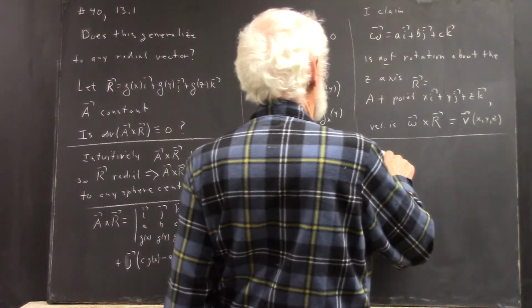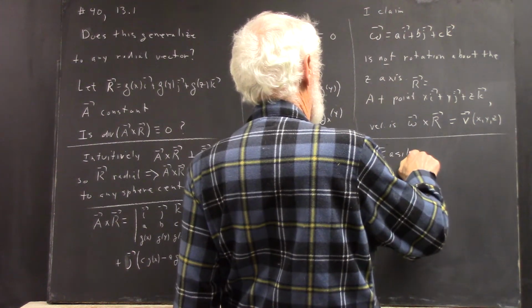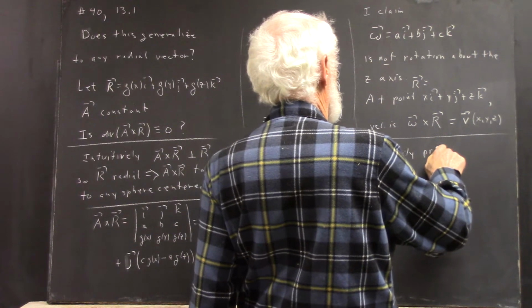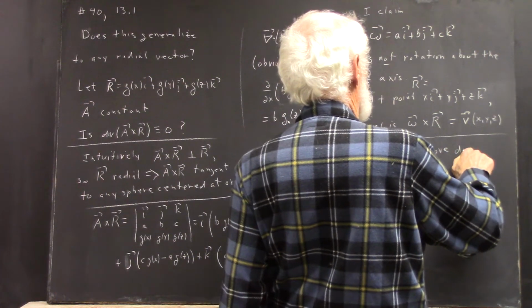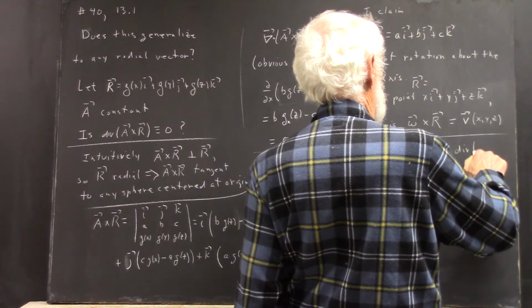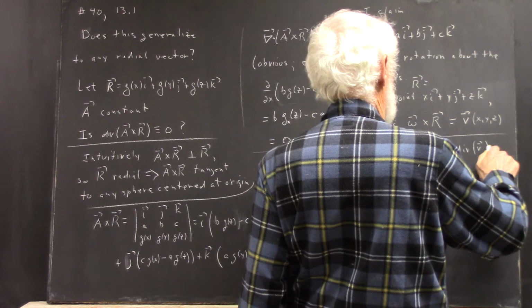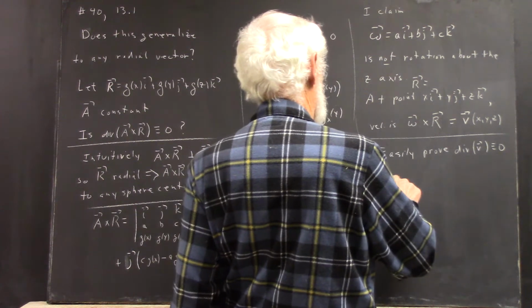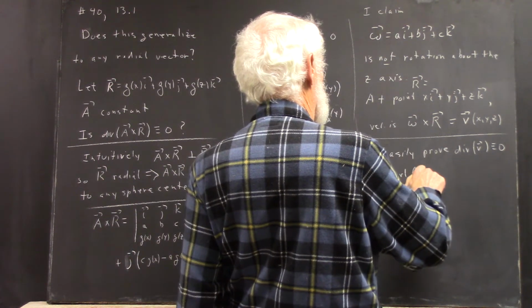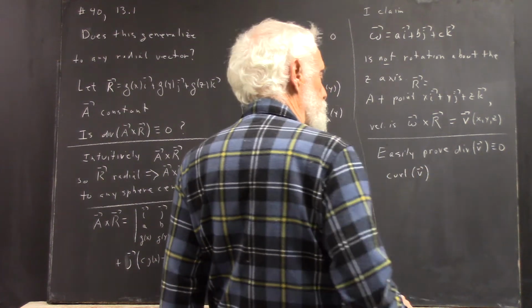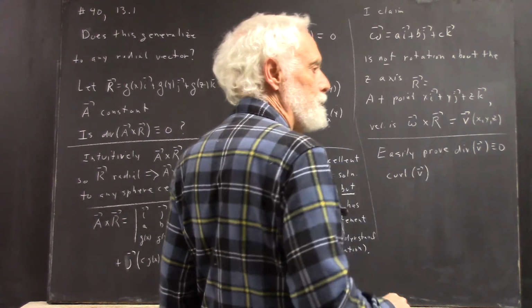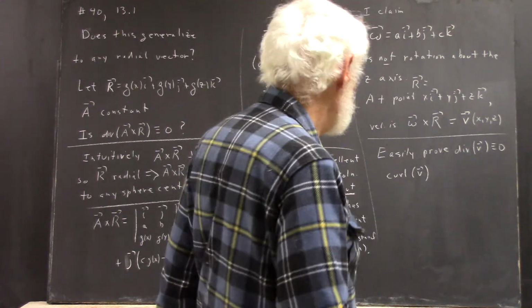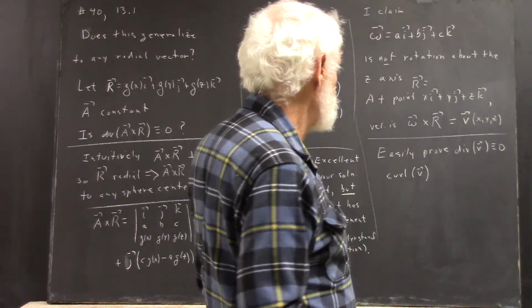And you easily prove that the divergence of the velocity equals 0 identically, and the curl of V is non-zero, and you get an expression.